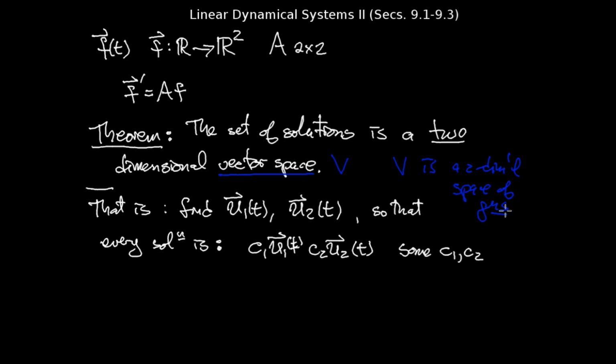So there's this giant infinite dimensional vector space floating around somewhere, and this is a two-dimensional subspace of it. And those two vectors are in there and their sums.